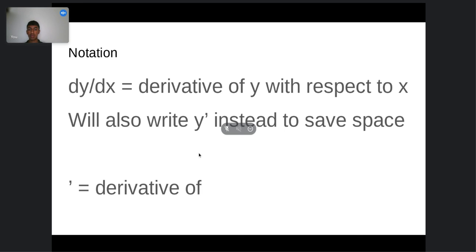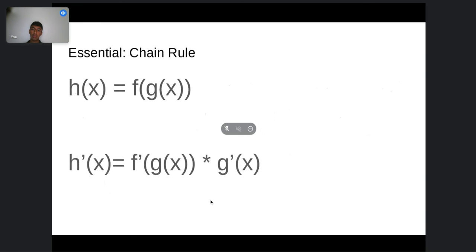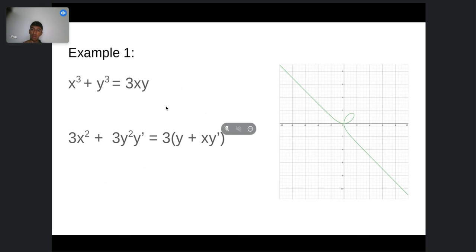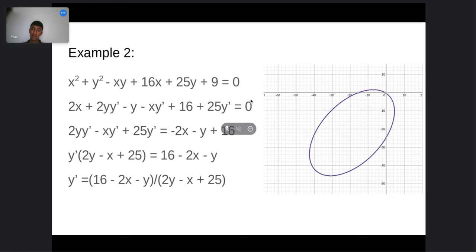I just use y prime to save space, and it also means derivative of. Then we remember that we have to use the chain rule, because y is a function of x, so it's essentially the inside function. And we went through the folium of Descartes, and then a rotated ellipse, and we found the derivatives of each, and then we figured out how we can use them.